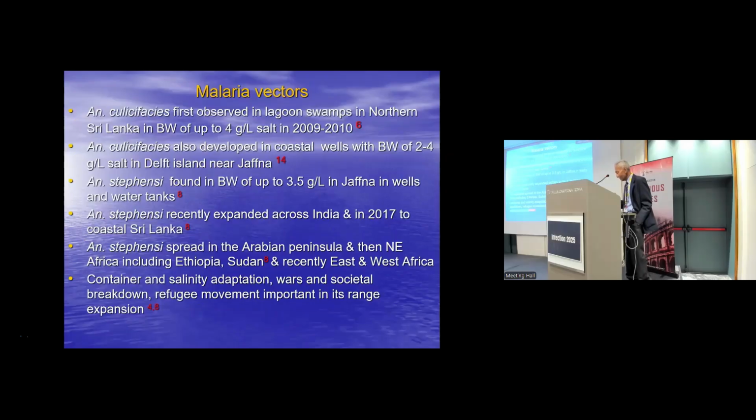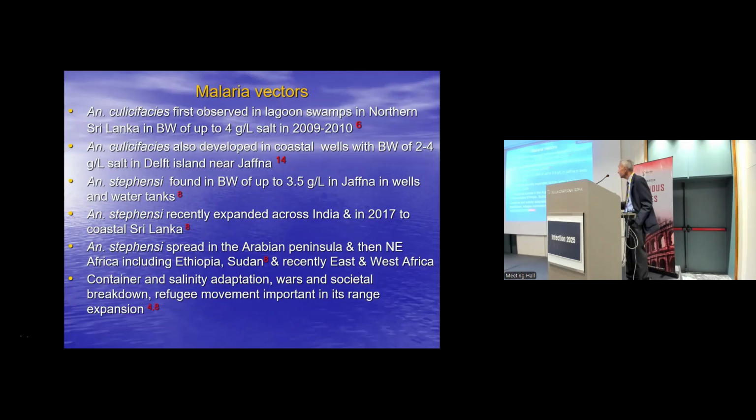Now, moving on to malaria vectors, we saw brackish water development of Anopheles culicifacies, the typical freshwater vector. It also developed in coastal domestic wells in the peninsula. We also found Anopheles stephensi, this rapidly range-expanding species, developing in coastal wells and water tanks that were brackish.